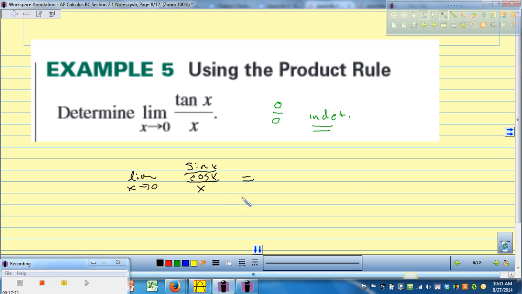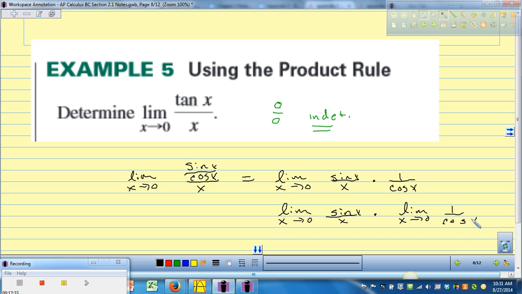And think about our special limit that we ran into. What's that special limit? Sin x over x. So this is the limit as x approaches 0 of sin x over x times, and what did you say, AJ? 1 over? Yep. Okay, so we can now look at these limits separately, times the limit as x approaches 0 of 1 over cosine x. And what is this one?